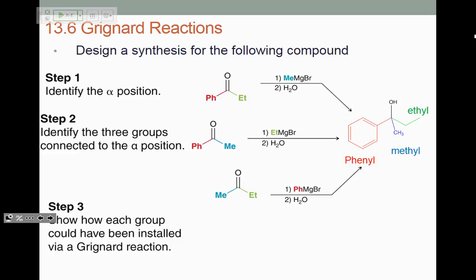Yes? If you have excess in the first one, would that change it? No, that's not a good leaving group. It's all about leaving group. So her question is, let's say this is our starting material.